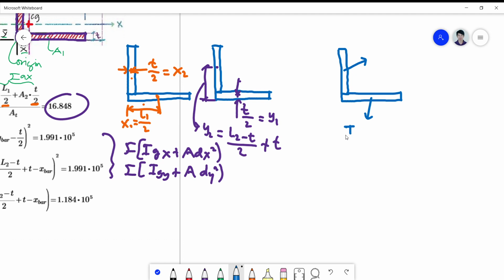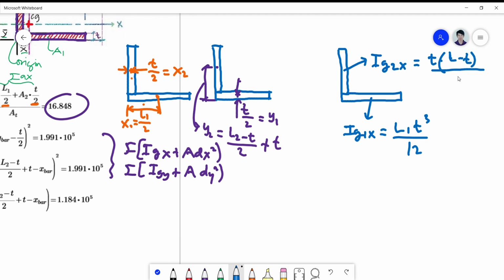Okay, so this is now my Ig1x, which is simply equivalent to L1 times T cubed over 12, and my Ig2x is simply equal to L minus T cubed over 12.